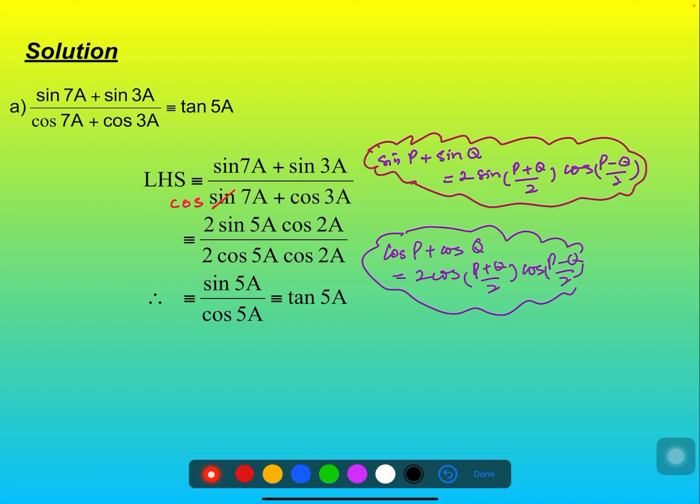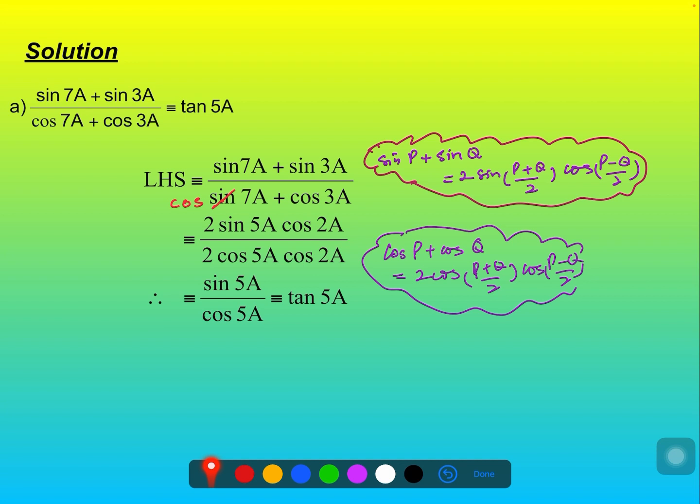So just follow this formula. We have 2 cos (p plus q over 2) cos (p minus q over 2). So we will have here cos, 7a plus 3a will be 10a divided by 2, so we have 5a. Then cos p minus q over 2, 7a minus 3a, 4a, 4a divided by 2, we have 2a, so cos 2a.